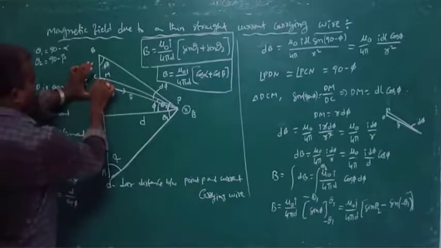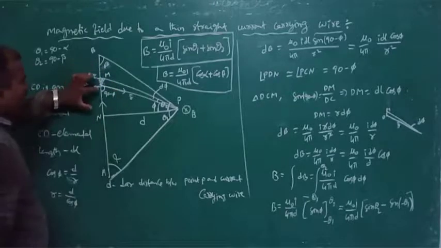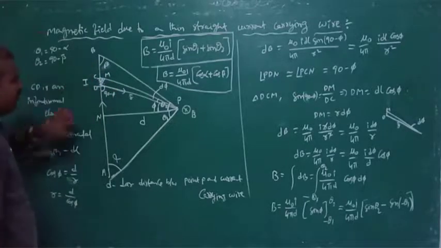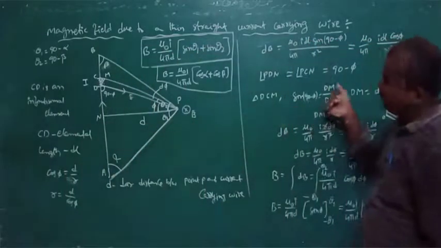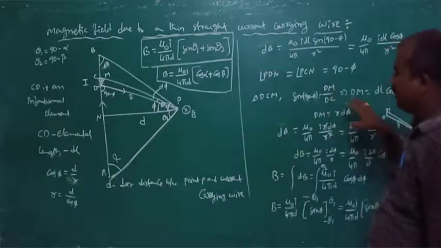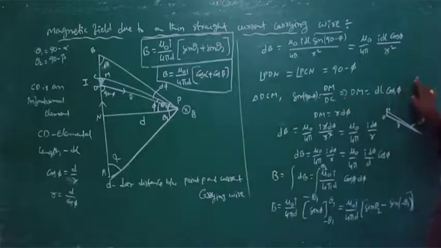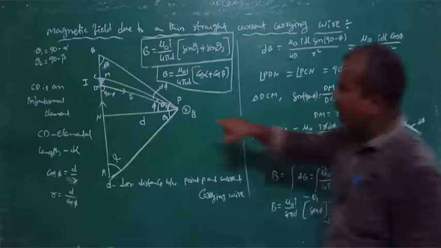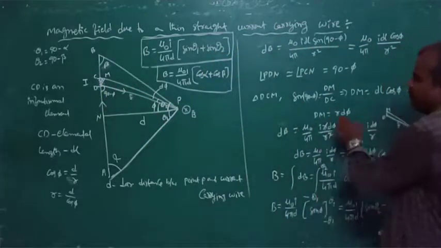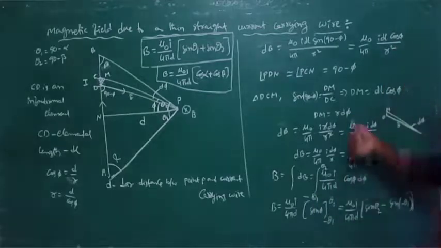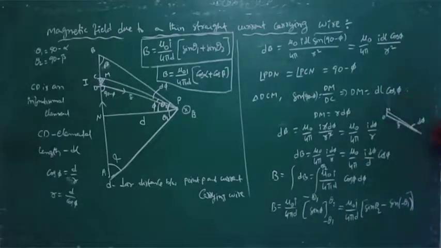From this angle, sin of 90 minus phi is equal to DM by DC. Therefore DM is equal to dl cos phi. According to triangle DCM, we can write DM is equal to r d phi, because arc length is equal to radius into angle subtended.